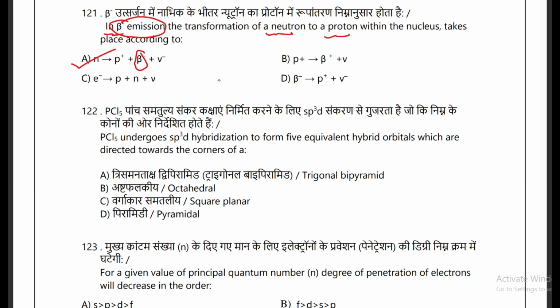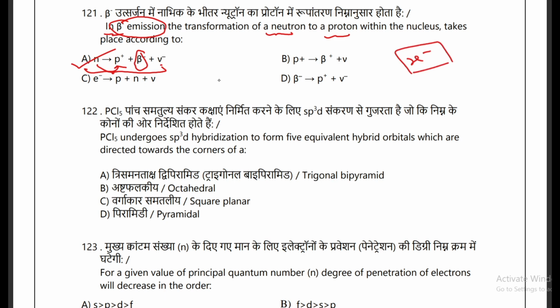So in beta emission, actually a neutron is transformed into a proton. Okay, and this process can be represented in this way. You know this is neutron, and this is proton, and these are the antineutrino particles.